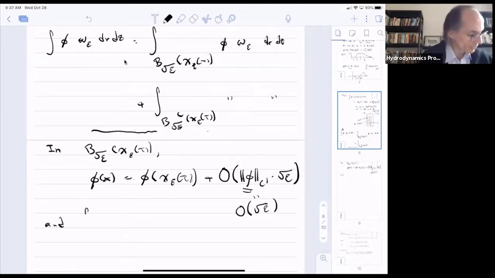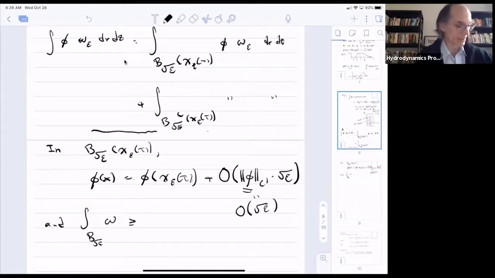Okay, and the integral over this ball of radius square root of epsilon of omega is at least 1 minus a constant over log epsilon to the -1/2, which is log 1 over epsilon.